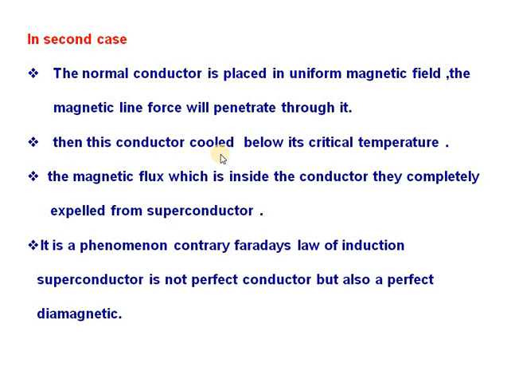But then when the conductor is cooled below its critical temperature, the magnetic flux lines which are inside the conductor are completely expelled from the superconductor, meaning they go away from it. And this phenomenon is contrary to Faraday's law of induction.